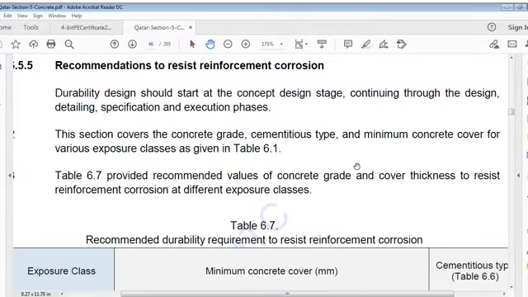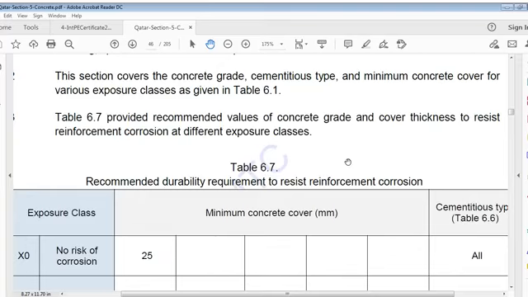This section covers concrete grade, cementitious type and minimum concrete cover for various exposure classes as given previously in 6.1. Now this table 6.7 provides recommended values of concrete grade and cover thickness to resist reinforcement corrosion at different exposure classes.